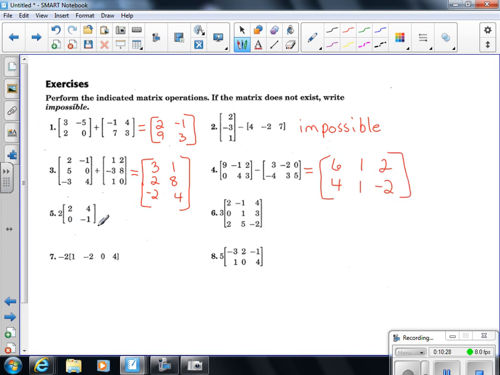Okay, now can I do this? Can I do a scalar? Yes, I can. 2 times 2 is 4. 2 times 4 is 2 times 0. 2 times negative 1. Okay, what about this one? And the last row?